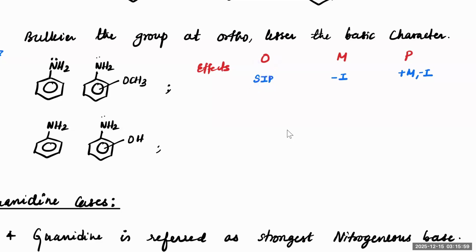But the problem here is, although at ortho position it is showing -I, still the lone pair present on oxygen can give +M also. So +M is observed, but in a mild way. And that +M is only effective in these two cases, with only OCH3 and OH.